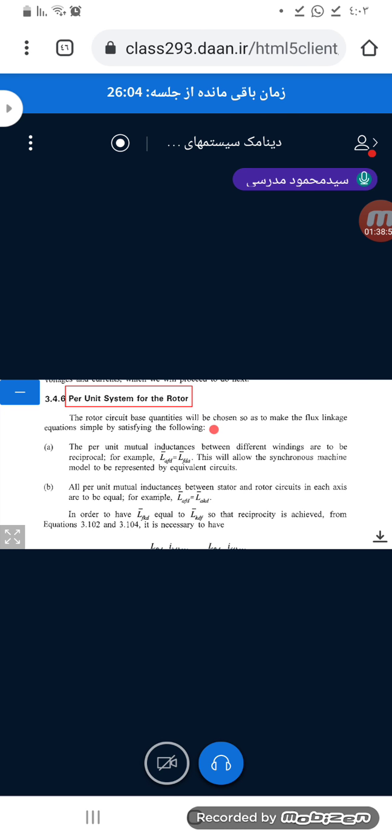So for the per unit system for the rotor, we must consider A and B. Rotor circuit base quantities will be chosen so as to make the flux linkage equations simple by satisfying the following.